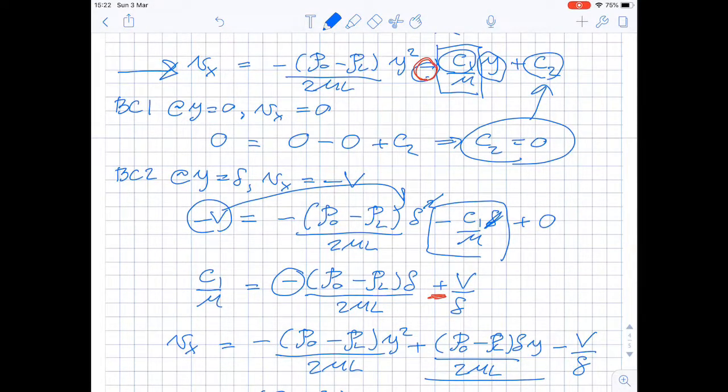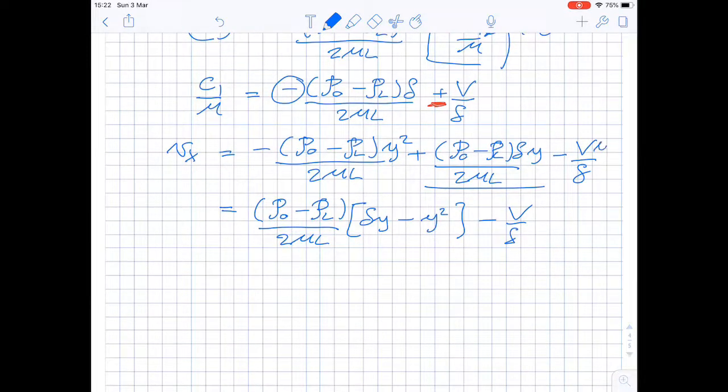Oh, you have to put y over here as well. So it's supposed to be y over here. So I have V y over delta. Alright. So this should be your velocity profile.